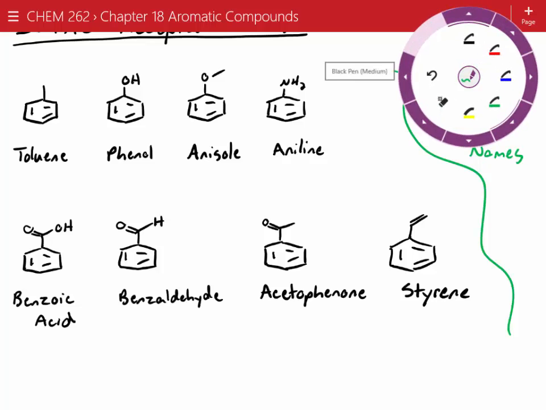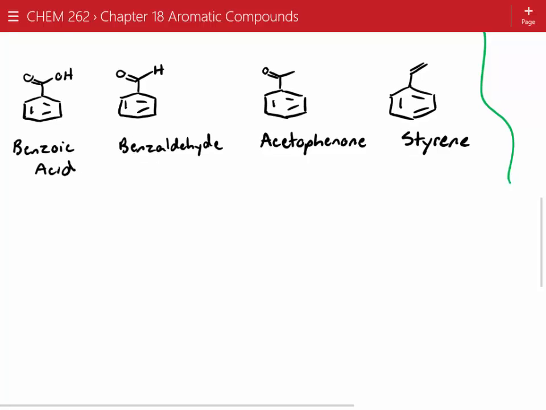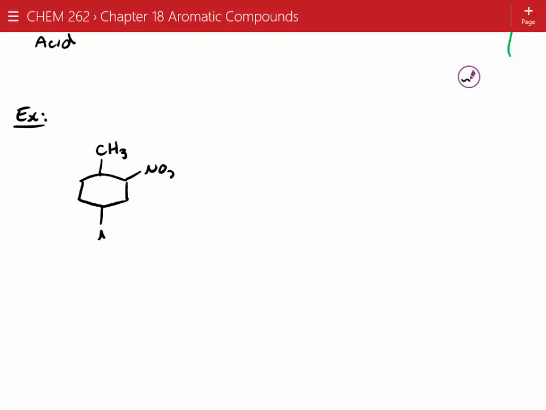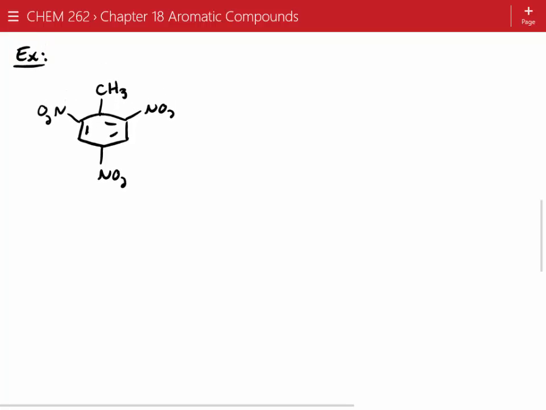A good example of what I mean by this is, let's take an example molecule and try to name it. Let's say I've got this molecule. All right, so we've got this molecule here. What's the parent system? Toluene, right? The old system is called toluene. We could say methylbenzene.